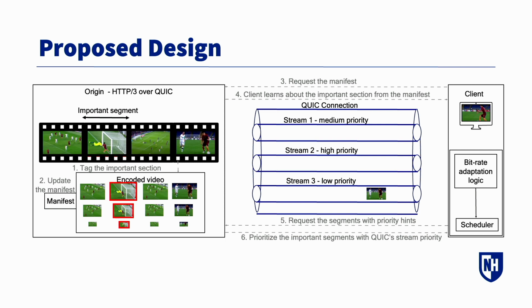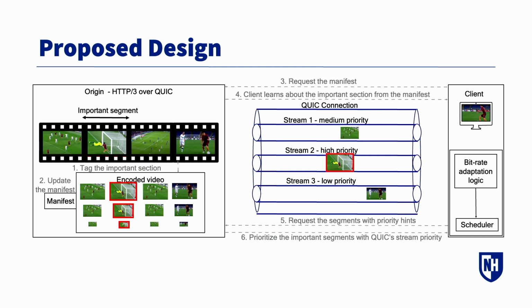So what happens under the hood is, let's say there is one segment that is requested at a lower priority, and before the important segment is requested, the change that we are making in the client is this: we request the previous segment, but the request for the important segment is initiated in parallel with the previous segment.